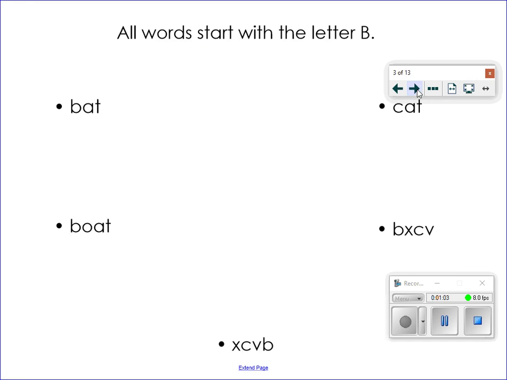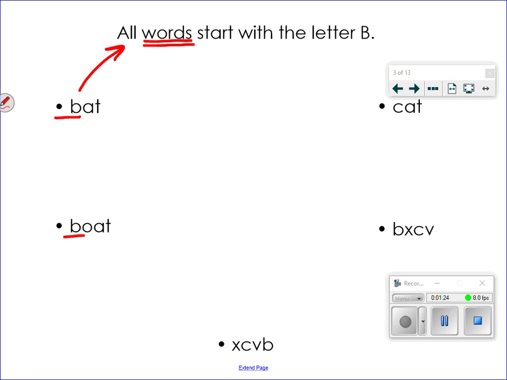Here's another statement. All words start with the letter B. Okay, well, the key to this statement is that we're talking about words. Well, the word bat does start with the letter B. The word boat starts with the letter B. These examples strengthen our argument. They confirm our statement.